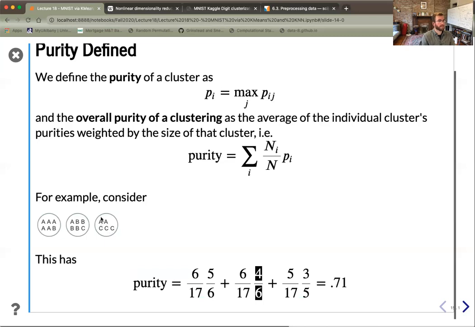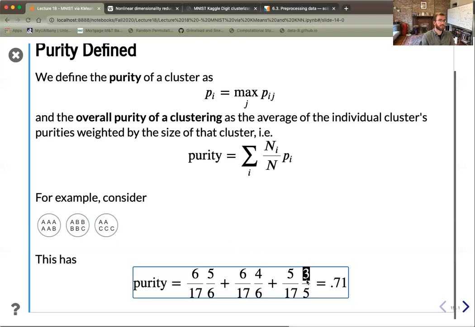And then in this third cluster, if I were to do my empirical distribution, I'd say that 2/5 are A's, 0/5 are B's, and 3/5 are C's. And so my purity of cluster 3 is 3/5.